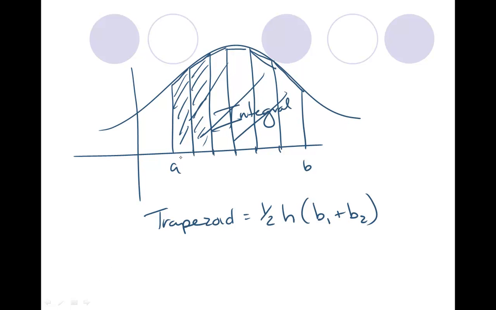In our illustration, since our trapezoids are laid up on end rather than in this configuration, our height is actually our distance on the x-axis, our subdivisions, and our base sub 1 and base sub 2 are the y values at each individual subdivision length.